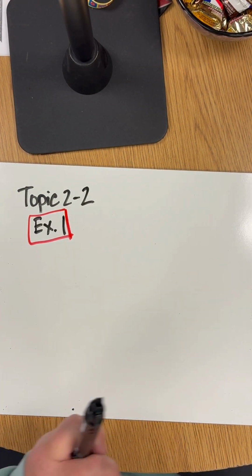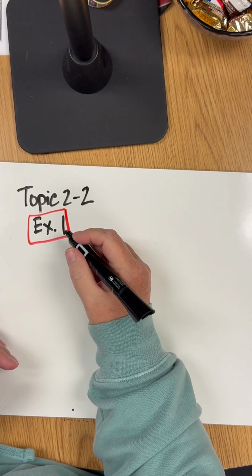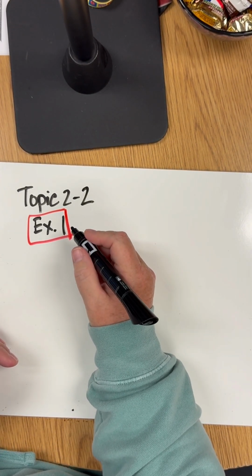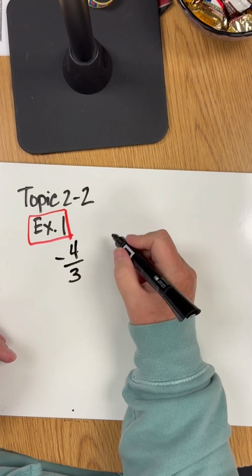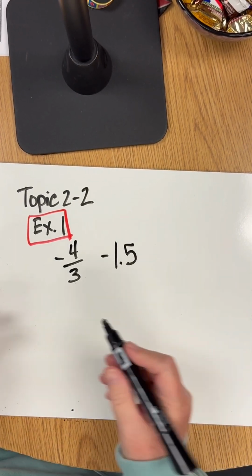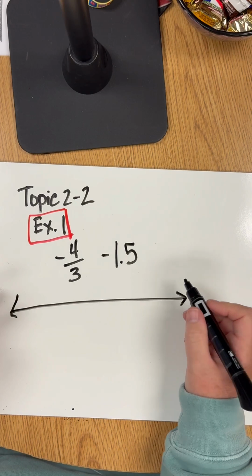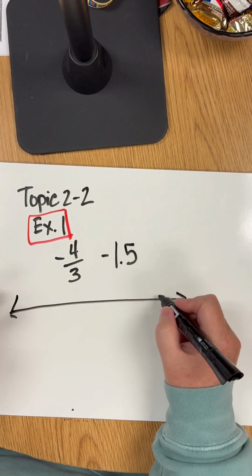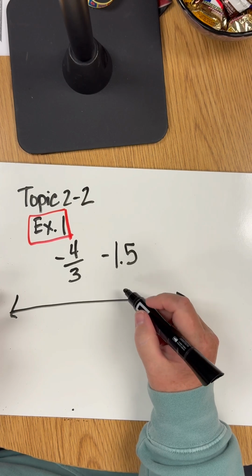All right, let's take a look at this. I think you're going to find this pretty easy, but what if we were going to put on a number line -4/3 and -1.5? Okay, so we're going to still have to have a number line. We know that they're both negative, so we're going to put them here at 0.